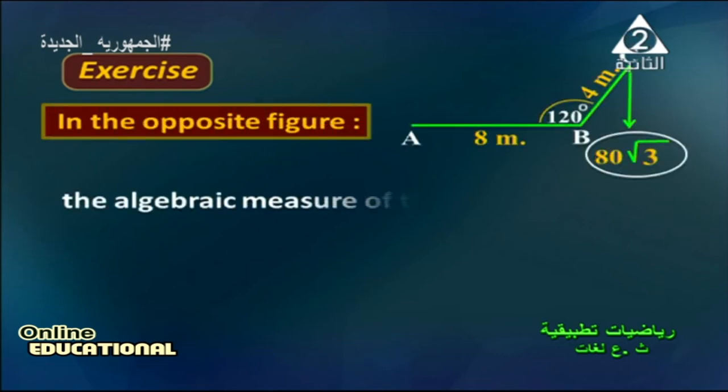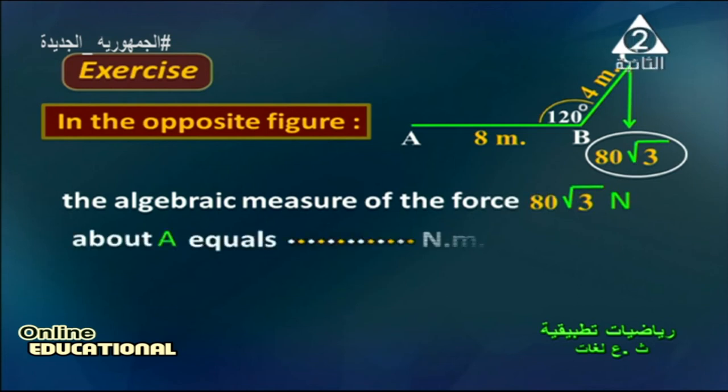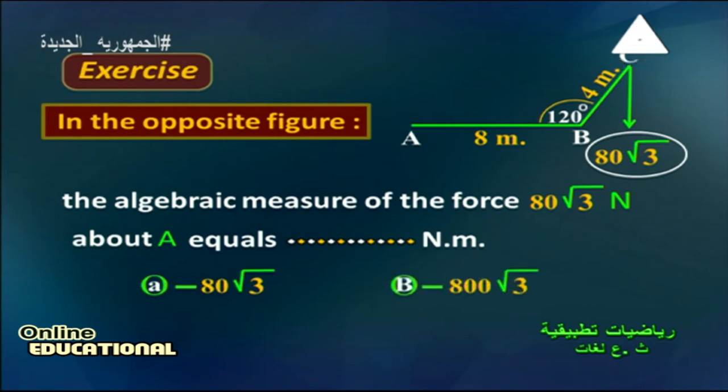In the opposite figure, the algebraic measure of the moment of the force of magnitude 80 root 3 Newton about point A equals: negative 80 root 3, negative 800 root 3, negative 480, or negative 480 root 3 Newton meter.